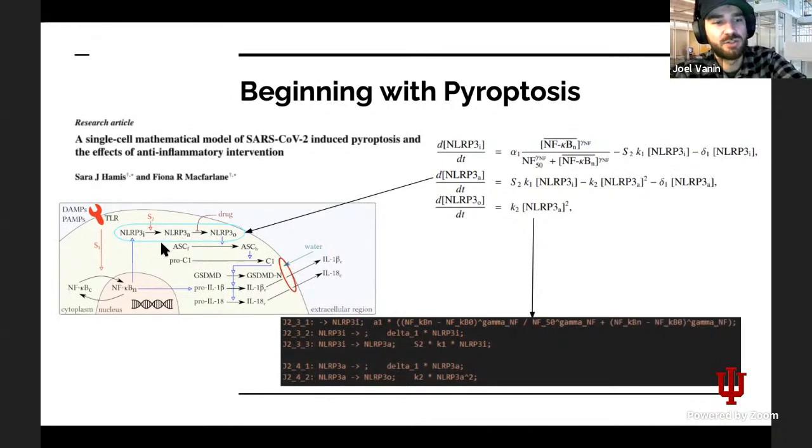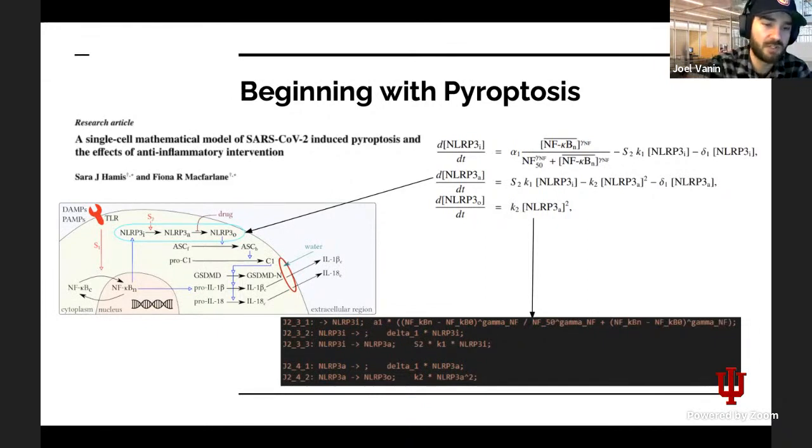What I try to show here is that this reaction that we are seeing on NLRP3 is represented in a math model with those functions that you see on the right. And from there, we can write code that is doing the exact same thing.